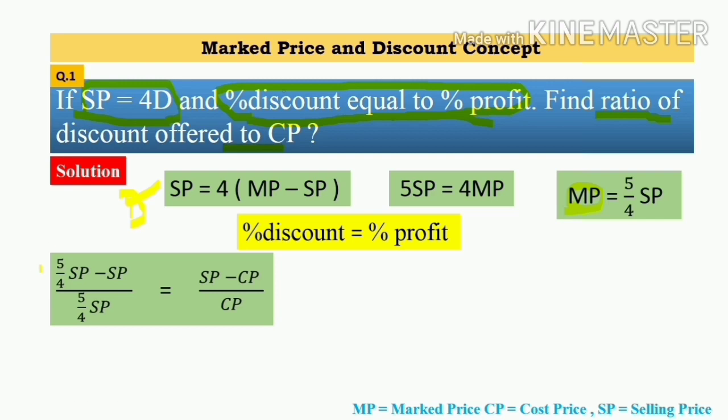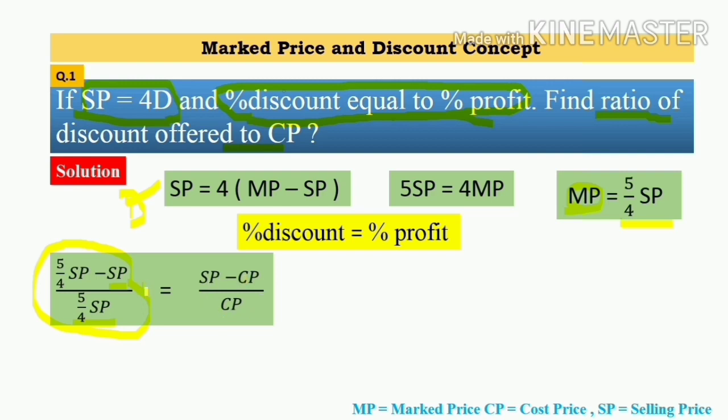Okay, so here I have not written the formula, I have directly put the values. MP, as we have calculated here, is 5 by 4 SP, so (5 by 4 SP minus SP) upon MP is the discount percentage. After that, percentage profit is (SP minus CP) upon CP.